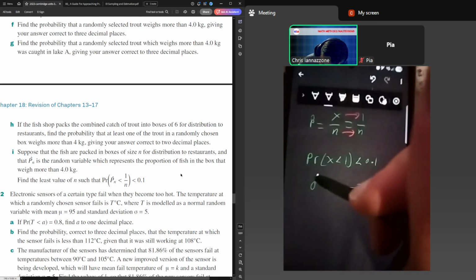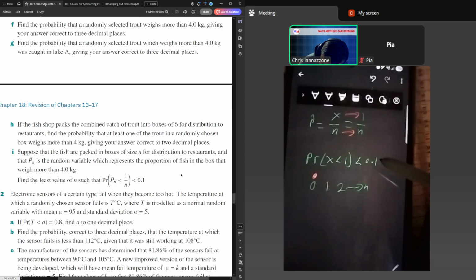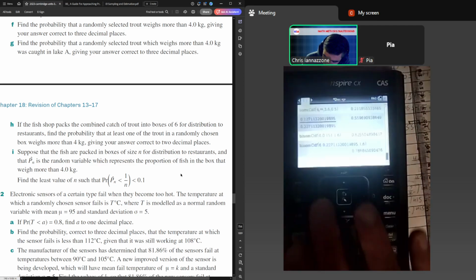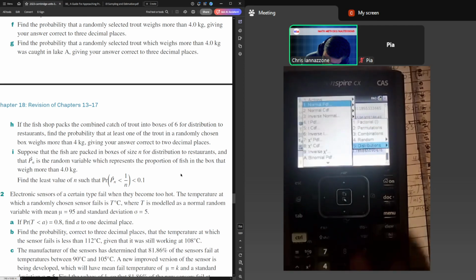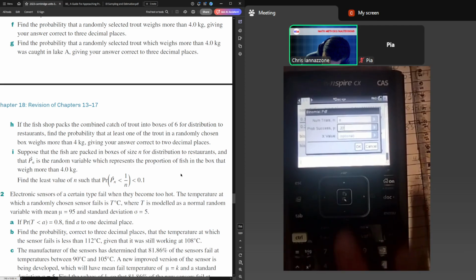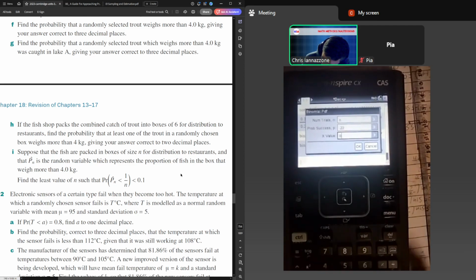X less than 1 actually just means this. Okay, cool. So we can actually go even simpler. Now that we know it's a specific value, we've got the PDF. Sorry, I didn't realize that until just then. So we've now got n in that spot, placeholder p, and x equals 0.